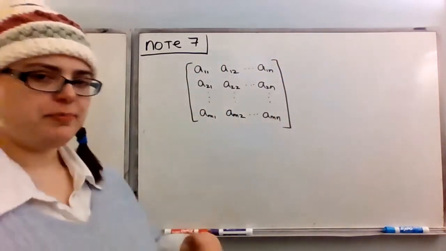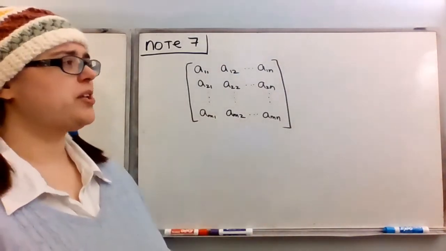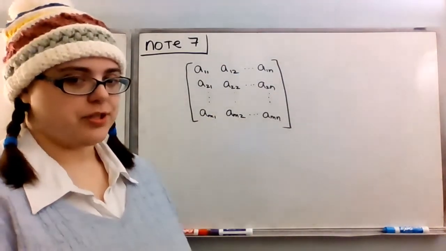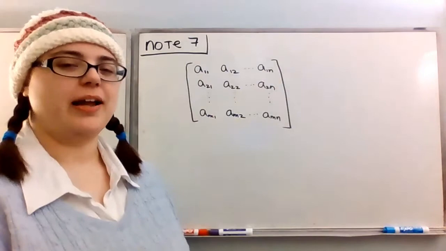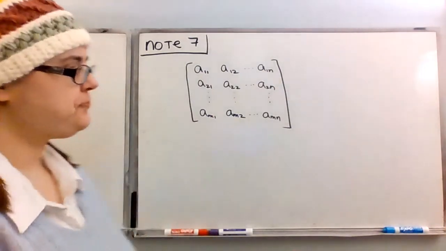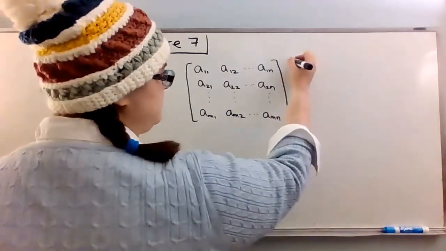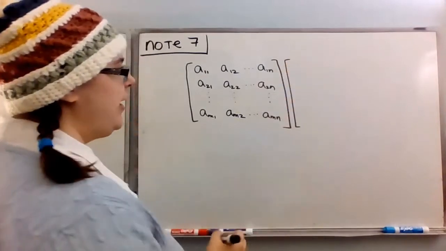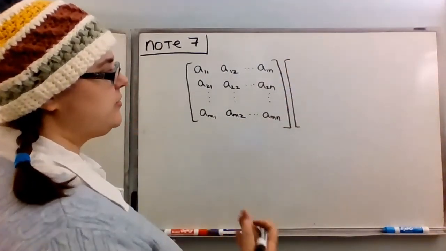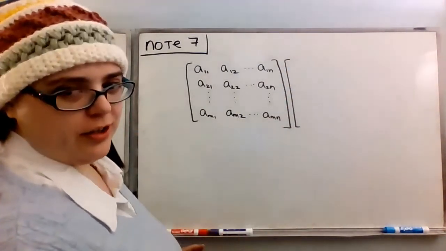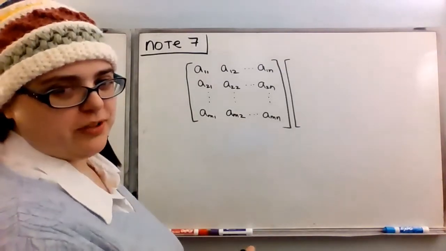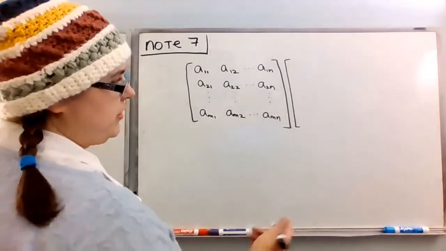So this is a beastly matrix, and we're going to multiply it by a less beastly matrix. We're going to multiply it by a column vector, or column matrix. For lack of a better letter at the moment, I'm going to use X. You can use B if you want, but I'm going to use X because why not?